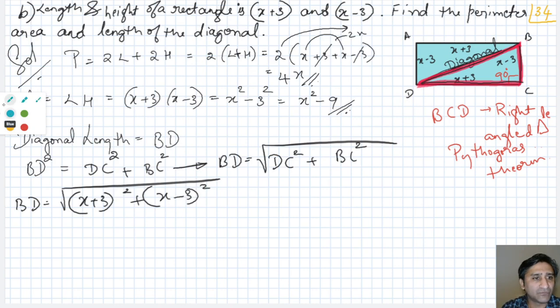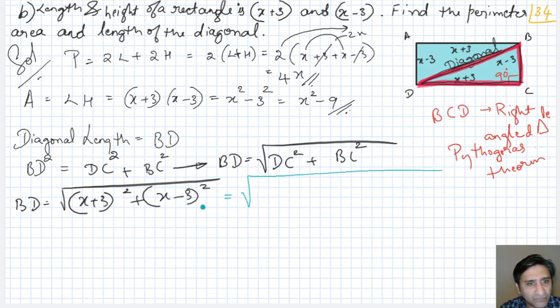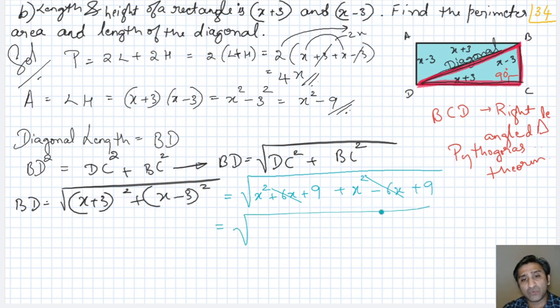Simplifying this forward, we get the square root of x squared plus 6x plus 9 plus x squared minus 6x plus 9, and these cancel off because one is plus and another is negative. So you have the square root of 2 times (x squared plus 9).